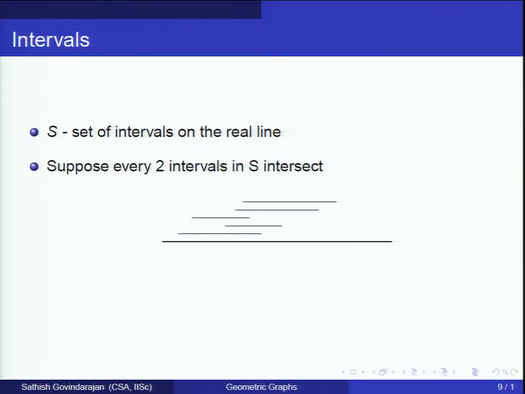So forget about the consultant and the classroom problem as of now. I have a set of intervals on the real line, and suppose I tell you that among the collection of intervals, every pair of intervals intersect. This is a special property which my intervals satisfy. I am telling you as part of the input.